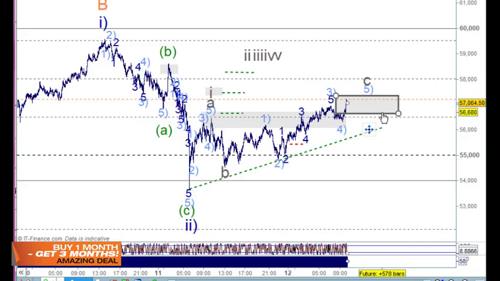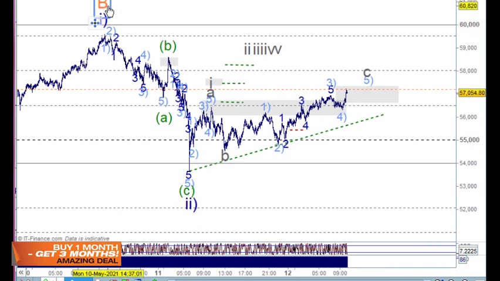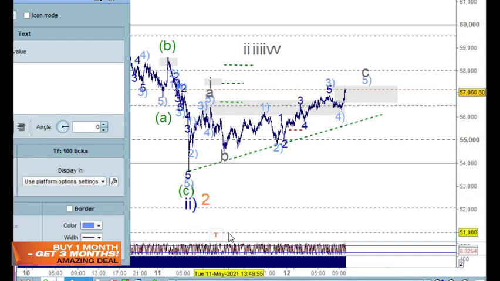So if this is 5 waves down here, yes, it could still be bullish. It would just be that we would need to look at it as this wave 2, not that wave 2.